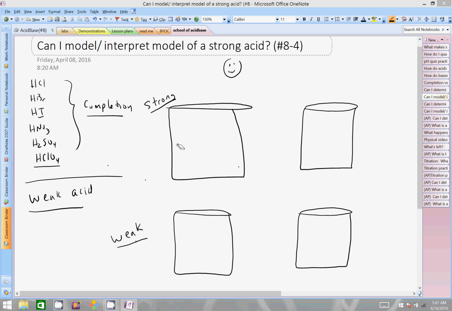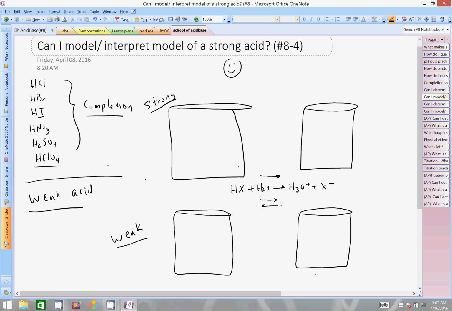They all will follow the same exact reaction formula: HX plus H2O yields H3O plus X negative. The top one just goes 100% to completion, and the bottom one has both a forward and a reverse reaction.